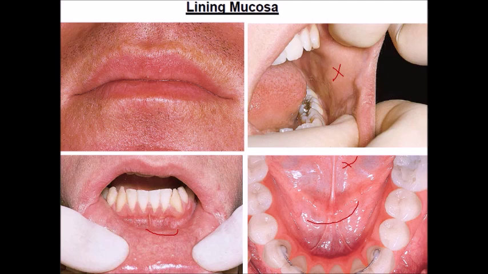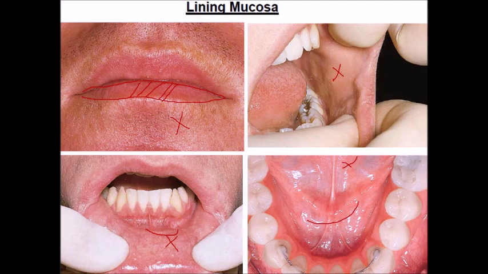Here I can see the vermilion border. The vermilion border, or we call it the red zone, is a transitional zone between the outer skin and the inner oral mucosa. This transition layer, this is the vermilion border, one of the specialized 4 places in the oral cavity, one of the keratinized layers.